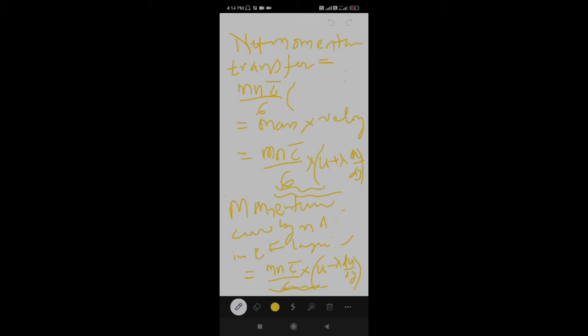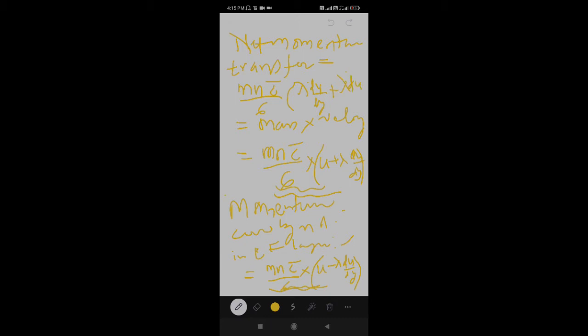First term cancels. Second term is m n c bar by 6 into lambda du by dy. Next, minus of this second term. Already minus is there. Minus into minus is plus. Again the same term.